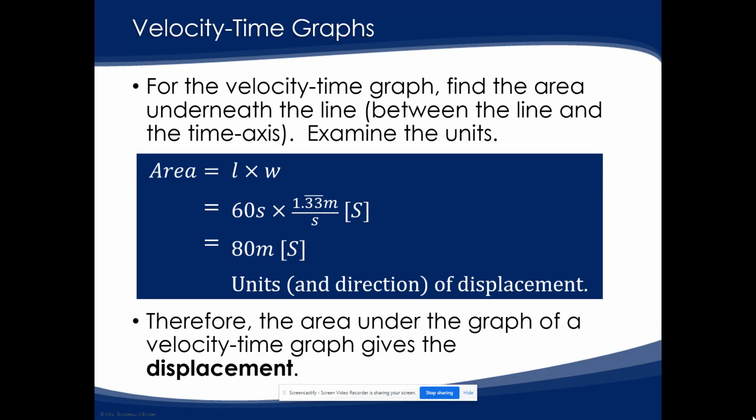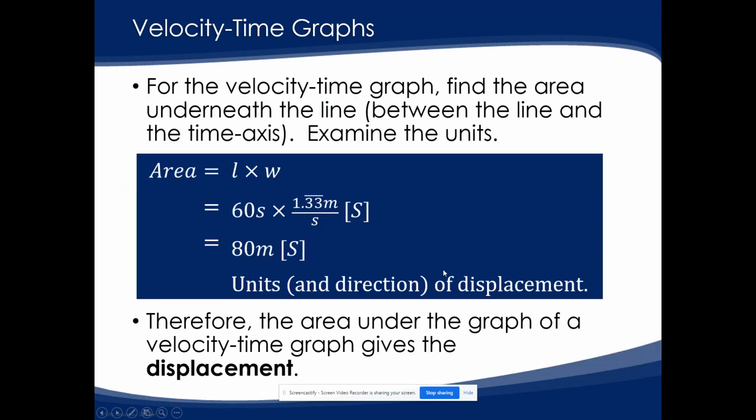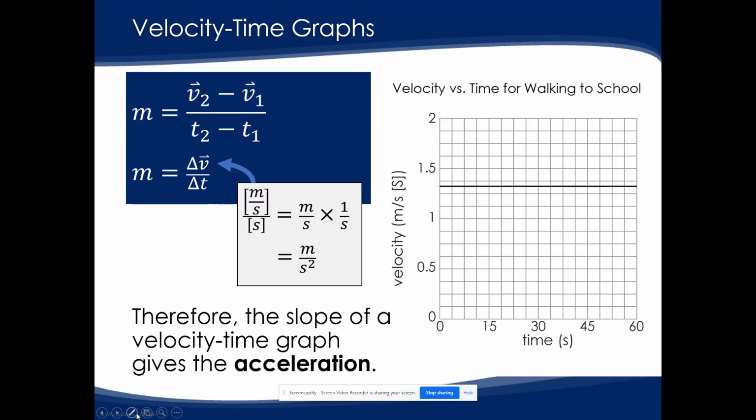So we need to find the area underneath the line, between the line and our x-axis. This area right down here is just a rectangle, so it's length times width.